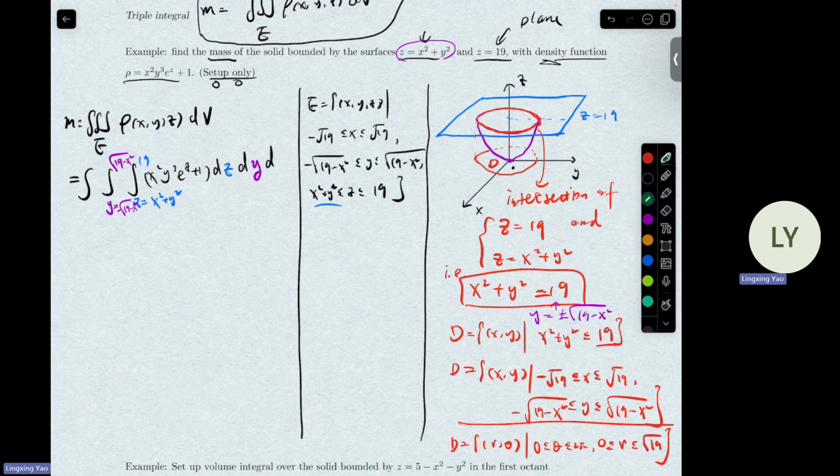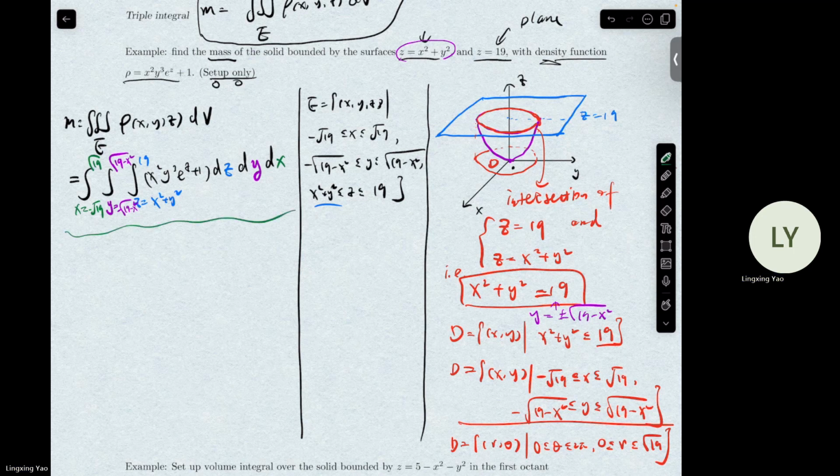And finally, the variable for the exterior integral will be x, from negative square root of 19 to positive square root of 19. So this is what we do to set up the integral for finding the mass of this solid.